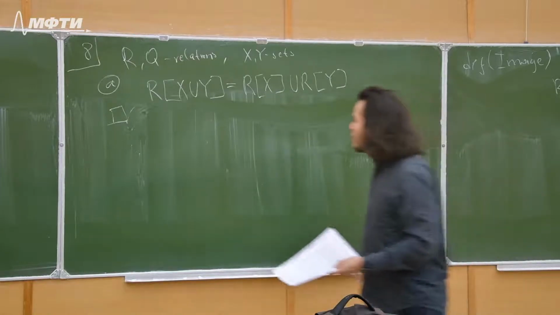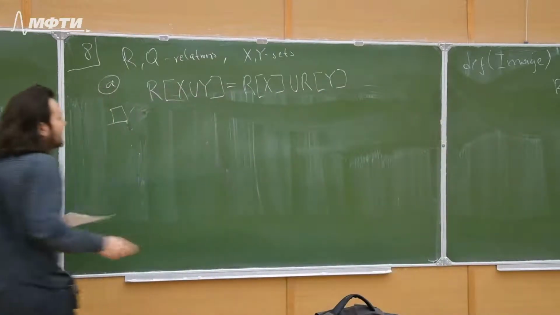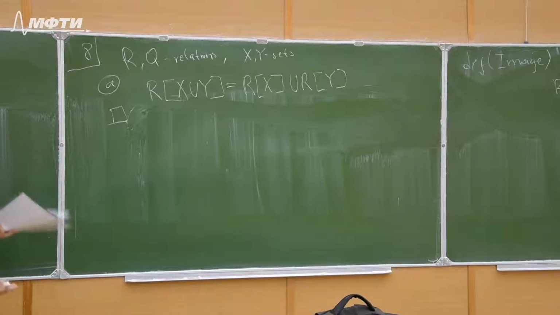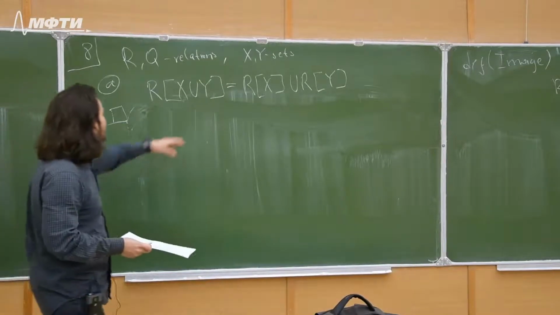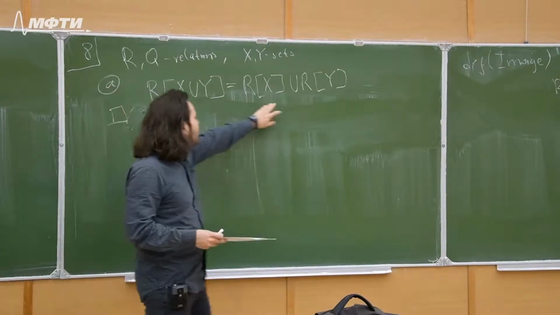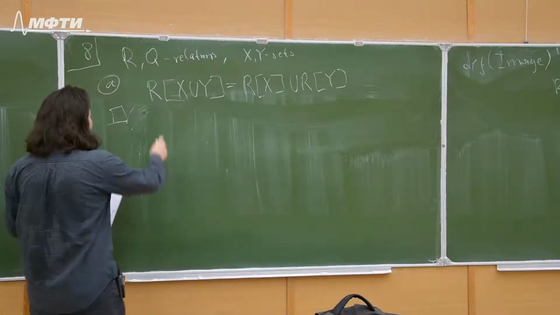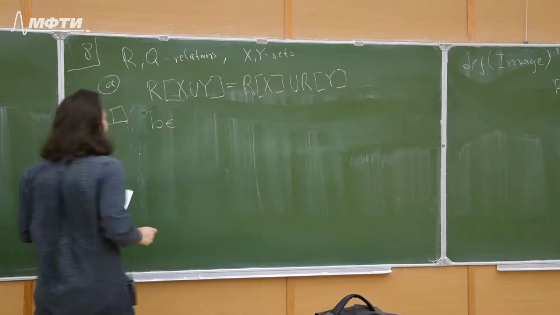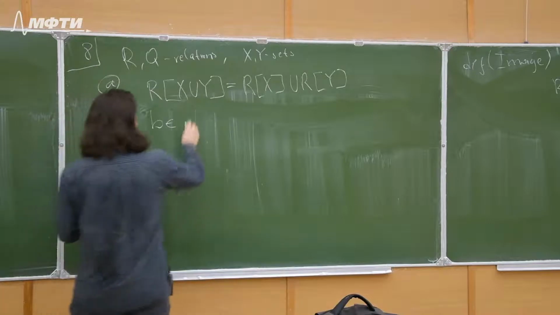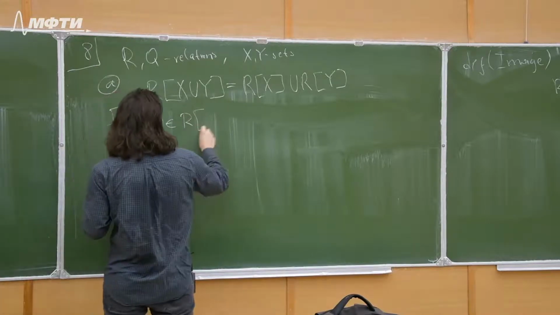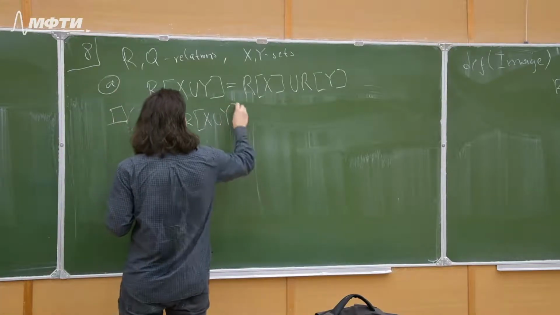And to prove this, all we need is just the definition, right? We need to use this union here somehow. So let me express that. So we have that B belongs to the image of X union Y, right?